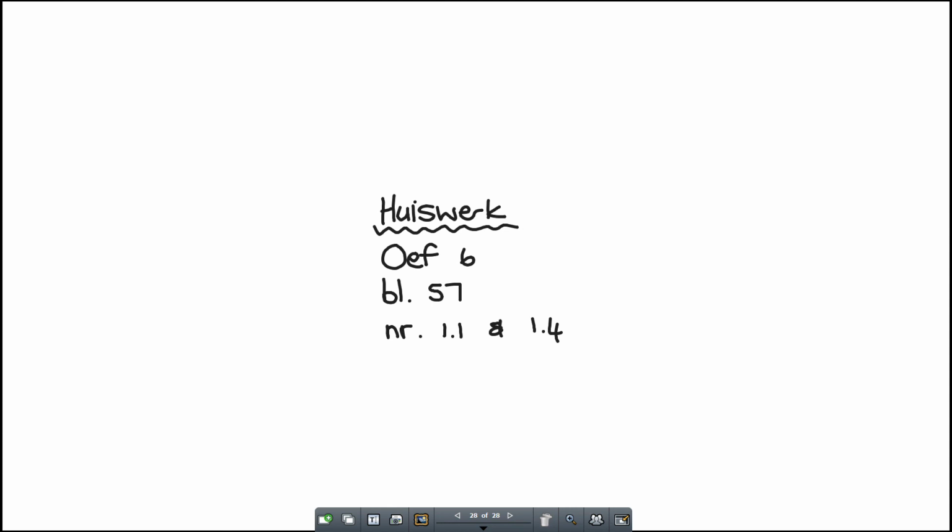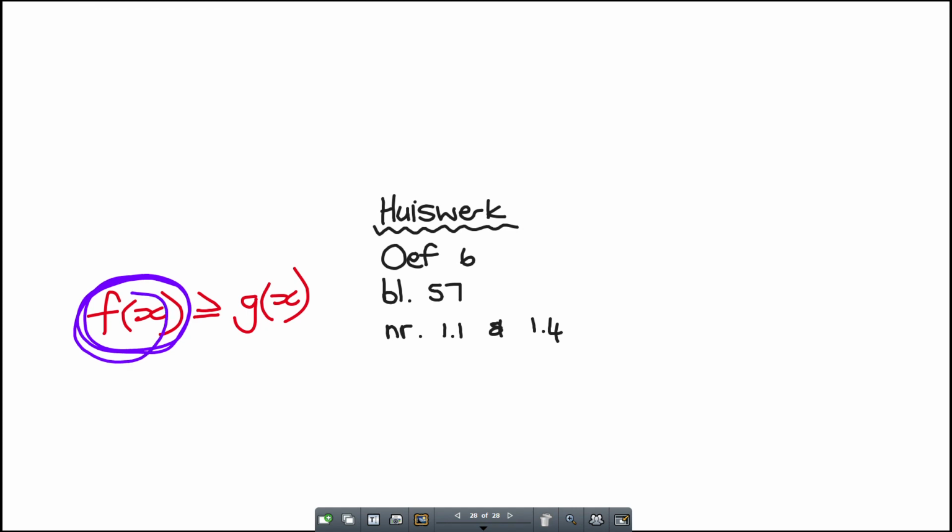Now when we have something like f(x) greater than and equal to g(x), onthou, watter een is hierdie groter grafiek? f(x), nee. And the bigger graph will be at the top. Okay, so jy gaan kyk waar lê f(x) bo g(x). Alright, because it's all about the y values.